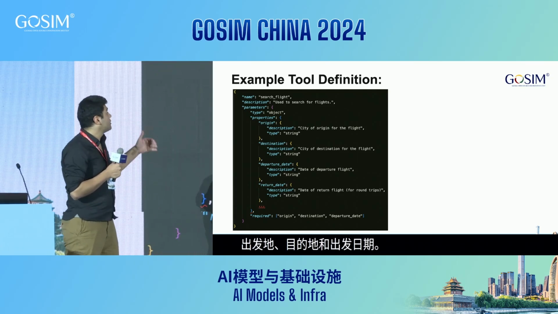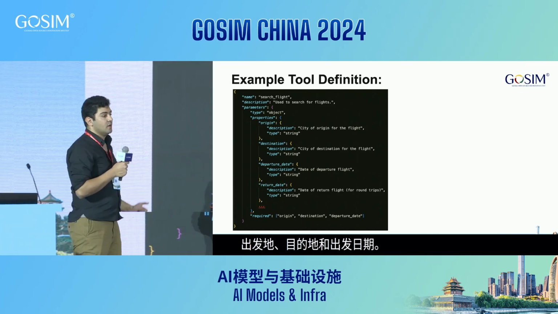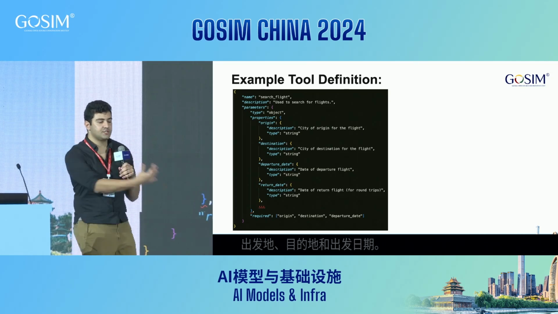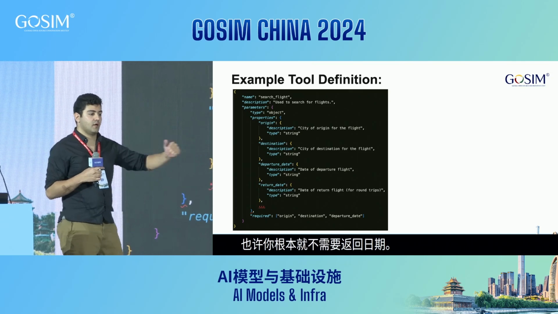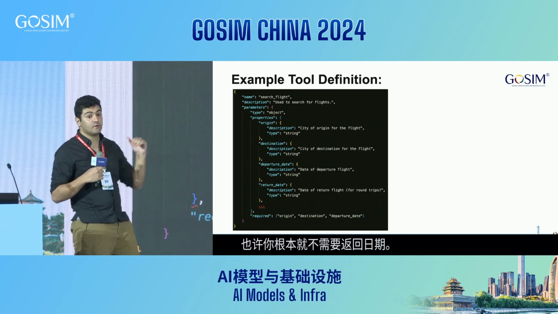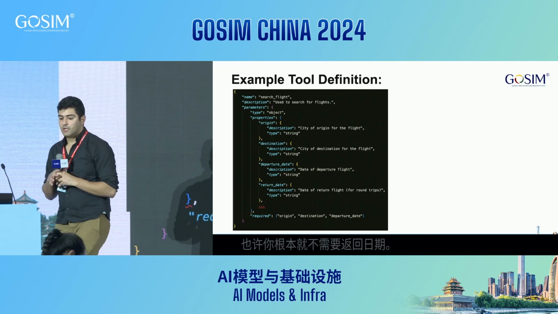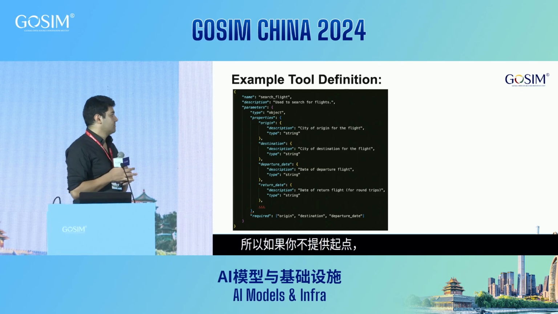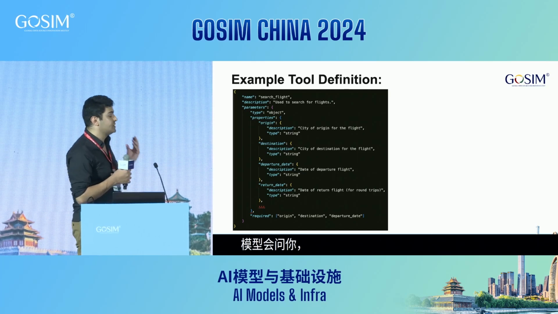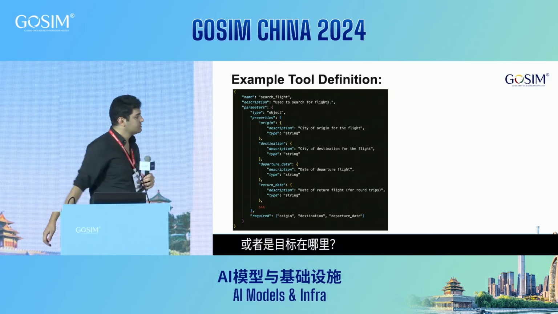But maybe you don't need the return date. So if you don't give the origin, the model should ask you, oh, where do you want to go, or what is the target for your flight. But it might not ask, what is your departure date? What is your return date? Because it's optional.